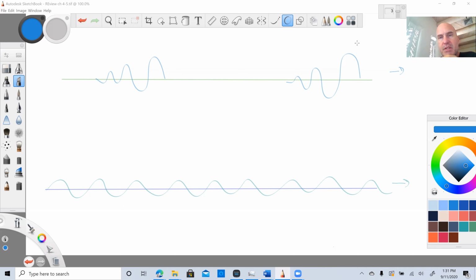So we have two representations of sound waves here. The bottom is a continuous wave, and we have pulses up here. As you guys know, we've talked about this before. Pulses create images. This picture right here is a bit of a misnomer. It shows two pulses going out at the same time.